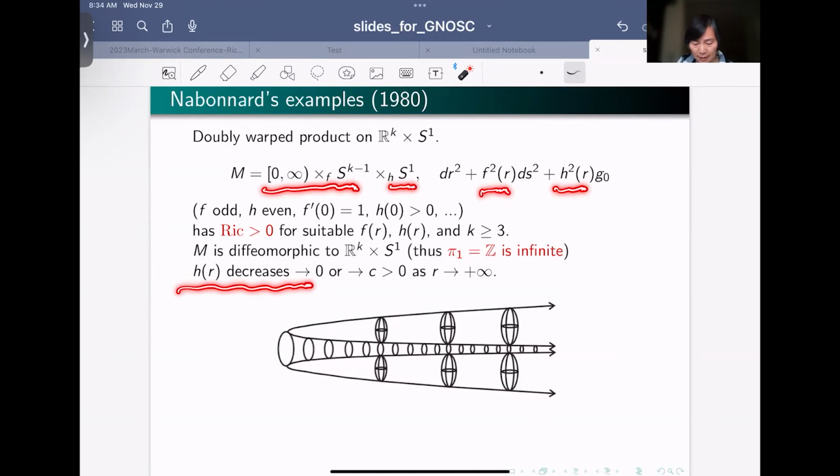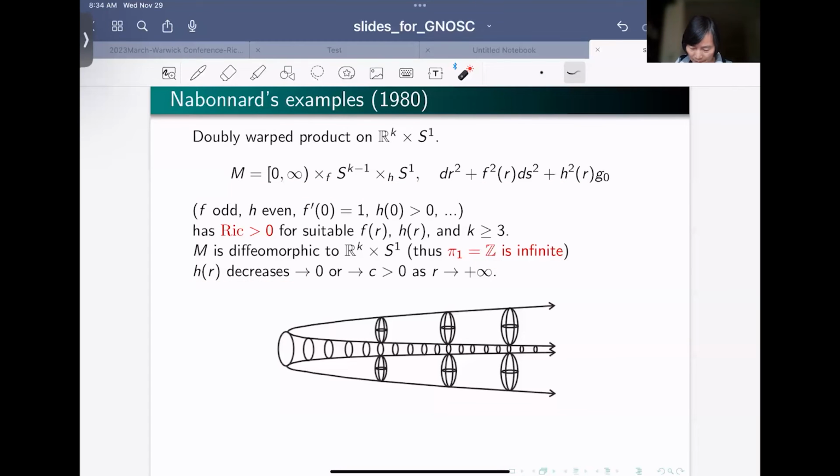Why this example? This is the first example where Ricci curvature is strictly positive but the fundamental group is infinite. Of course for an open manifold, this cannot be true for sectional curvature, since a positive sectional curvature open manifold is diffeomorphic to R^n, Euclidean space.